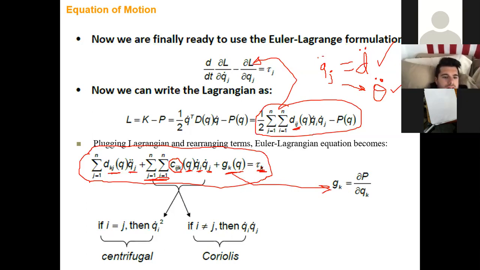We know what p is. Partial of p with respect to q, not q dot, is g. Tau is generalized force, q dot is generalized velocity, and q double dot is generalized acceleration.